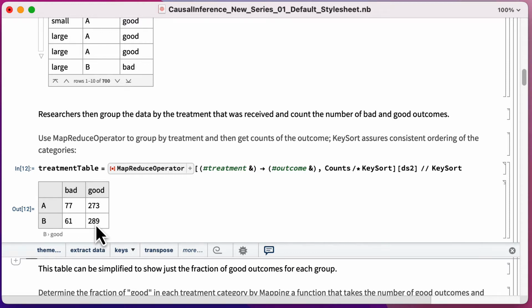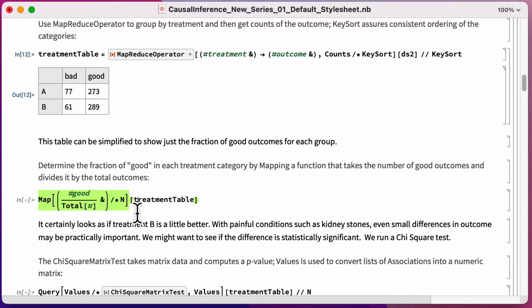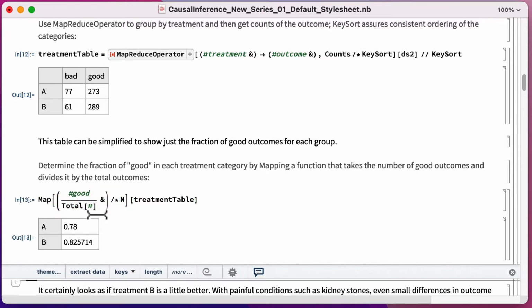And so, if you just look at this naively, you might think, those old, time-tested treatments might be better. And in fact, rather than guessing at the ratio, we can actually compute the ratio, and you can see that treatment B has a good outcome a little more frequently.